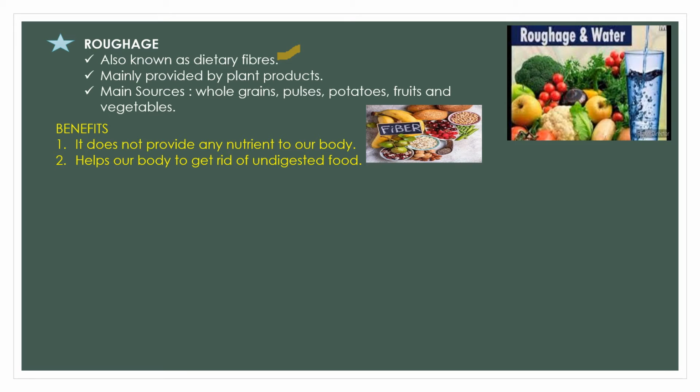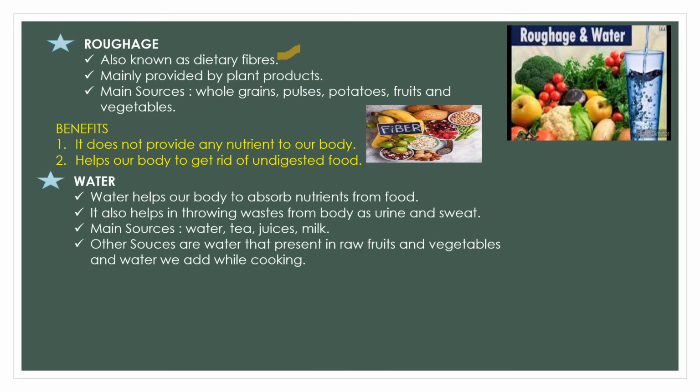Keep in mind that it does not provide any nutrient to our body. But it helps our body to get rid of undigested food. It is an essential component of our food and adds to its bulk.